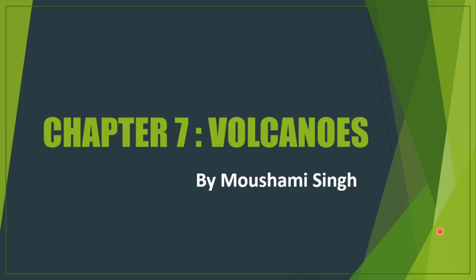Good morning, students. In the previous chapters, we have been learning about different forces that bring changes on the surface of the earth. They are endogenic forces and exogenic forces. The endogenic forces may be slow or sudden. Slow movements can uplift or subside the earth's surface on a large scale.